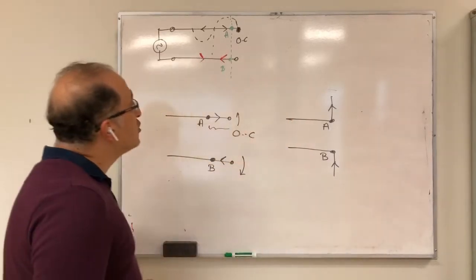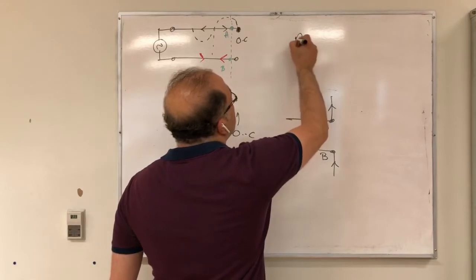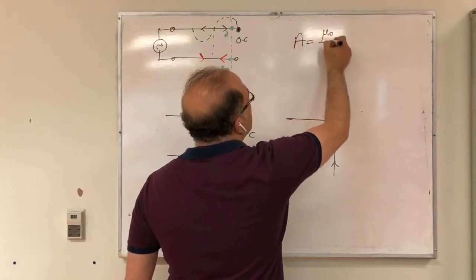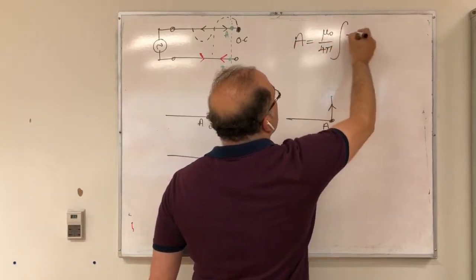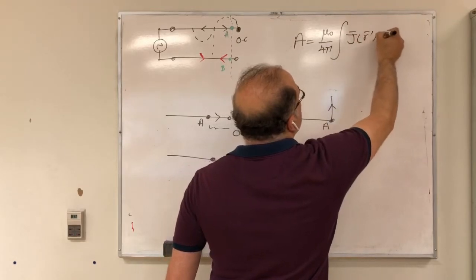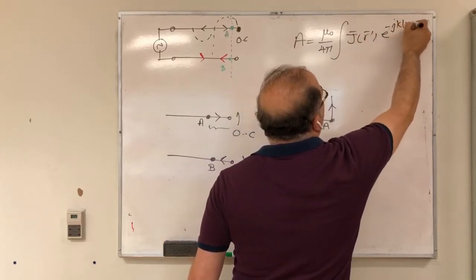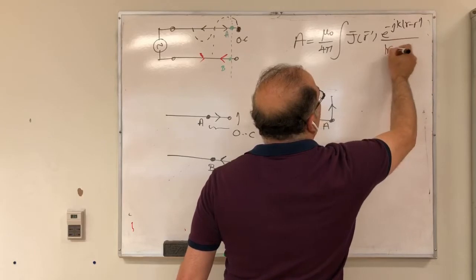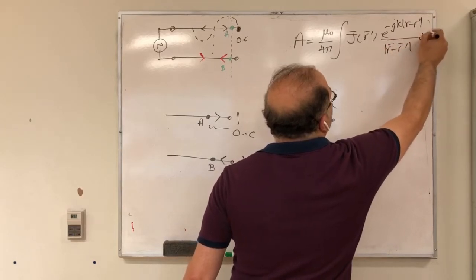So again, A is mu naught over 4 pi, integral of J(r') e to the power of minus jk|r minus r'| dv'.